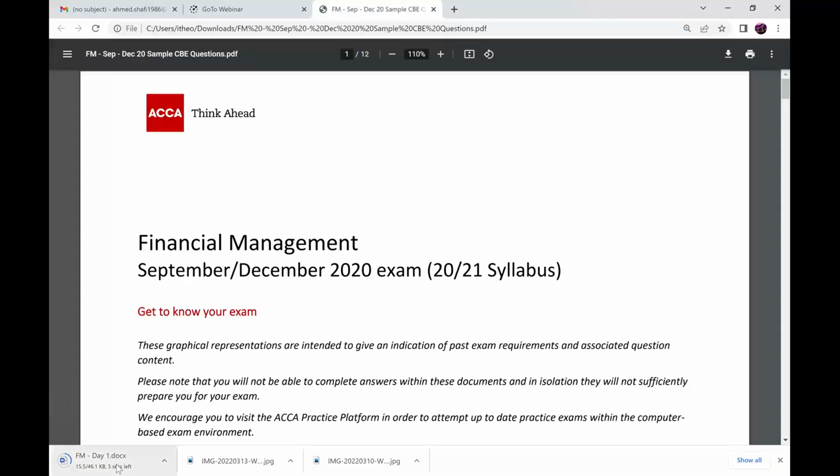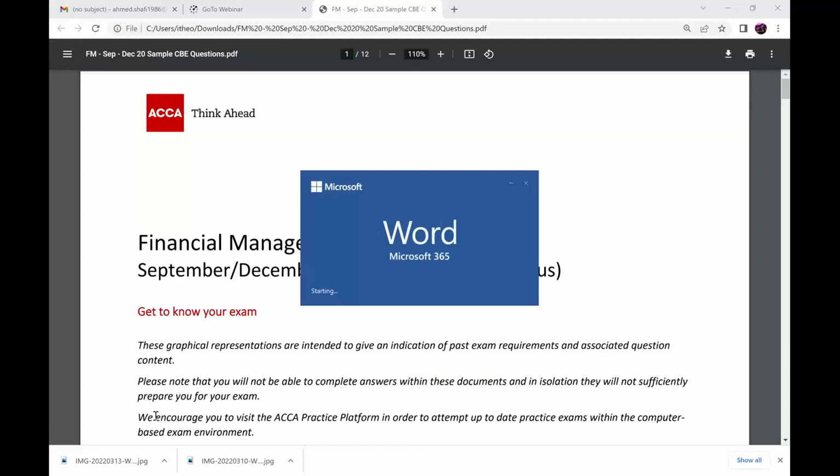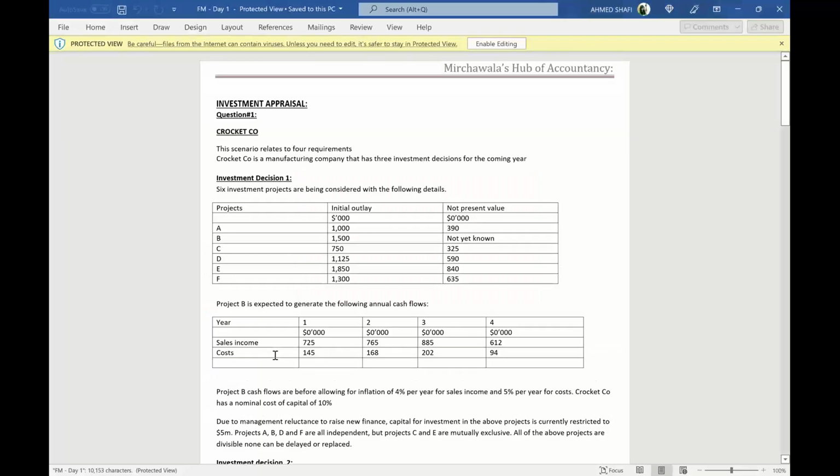Remember, I'm going to show these questions on the screen as well, but the file has been shared just to make sure you have a sound idea that we have the questions in place. The topic we are going to do today is investment appraisal, and the questions are mentioned here in the file.